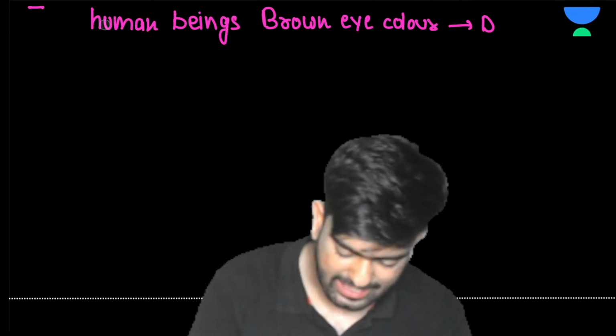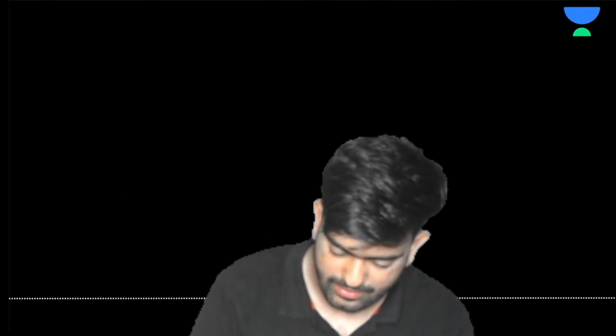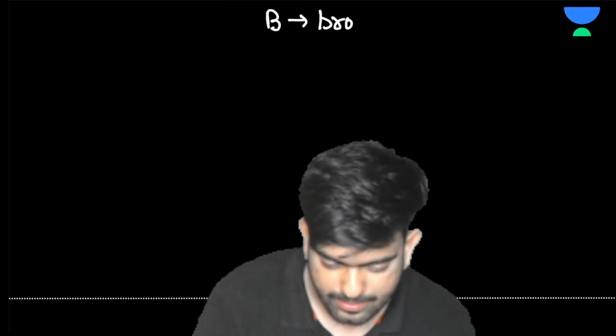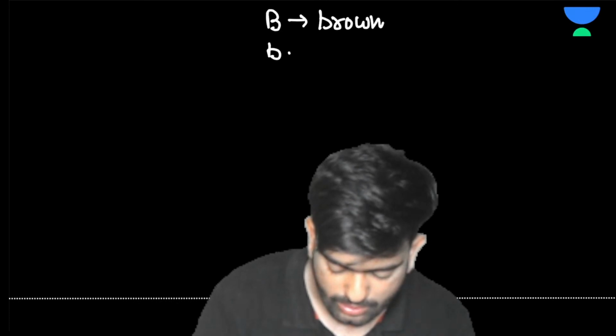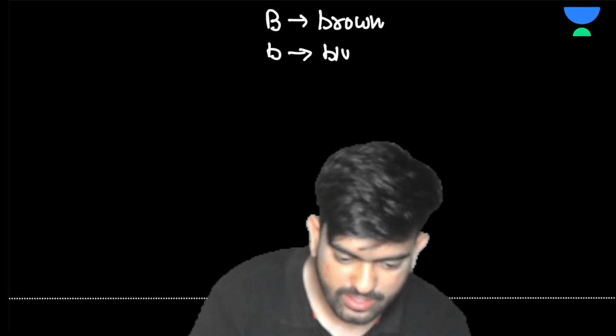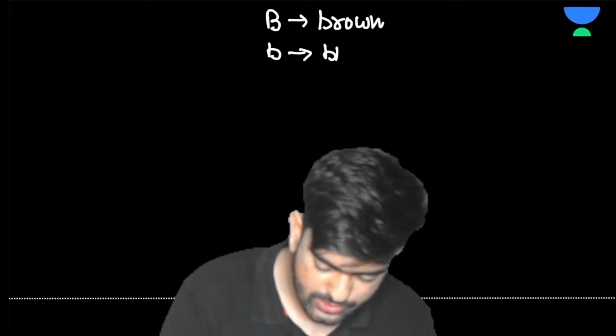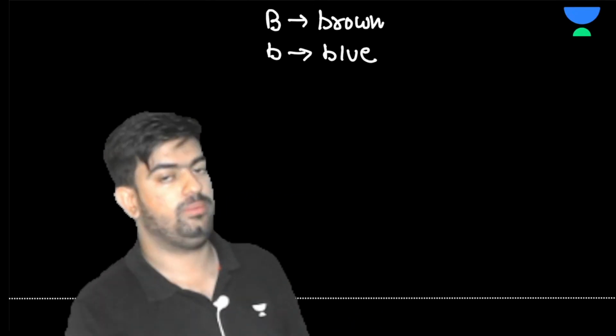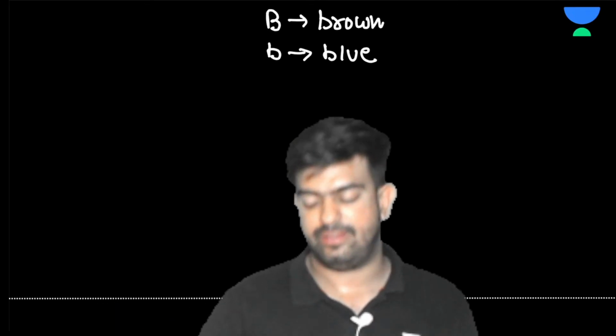Or I should write it like this. I'm giving you B for brown and b for blue. Now you have to figure out which one is dominant and which one is recessive. Obviously the one with the capital letter is dominant and the one with the small letter is recessive.